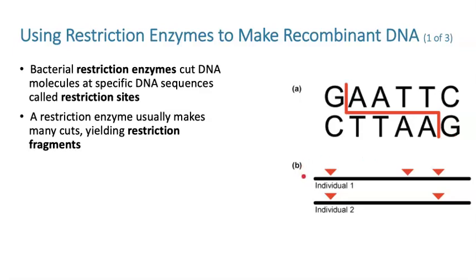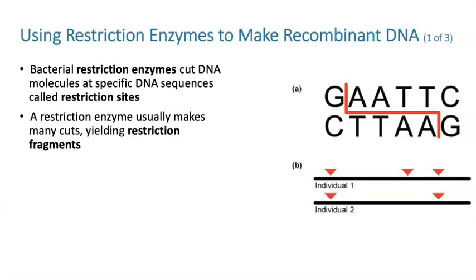So if you have two different individuals, and this individual one has this restriction site in 3 places along the DNA, and this individual has the restriction site in 2 places along the DNA, you'll get a difference in how many different fragments you'll make and how many different size fragments you'll make.